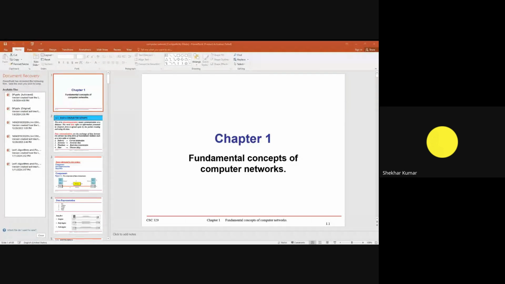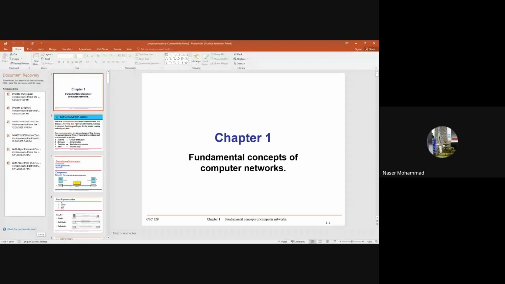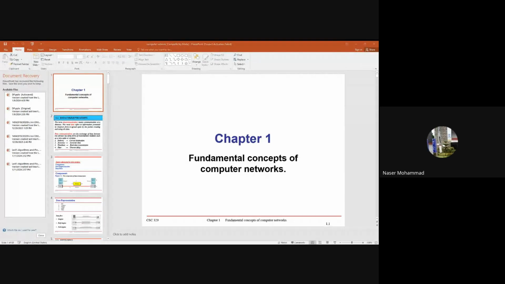Is it visible? Okay. Computer network. Yes, sir.